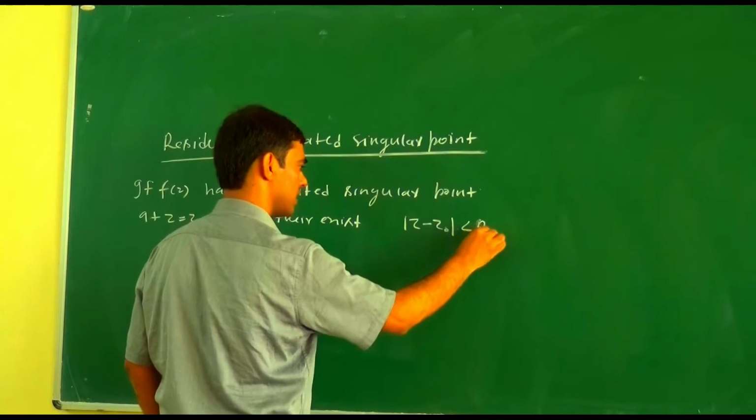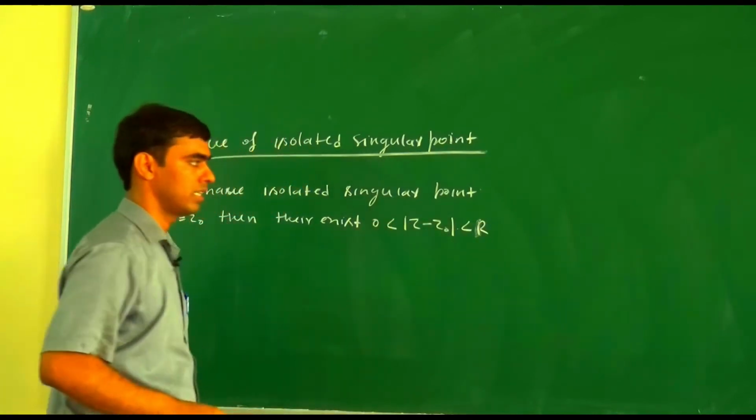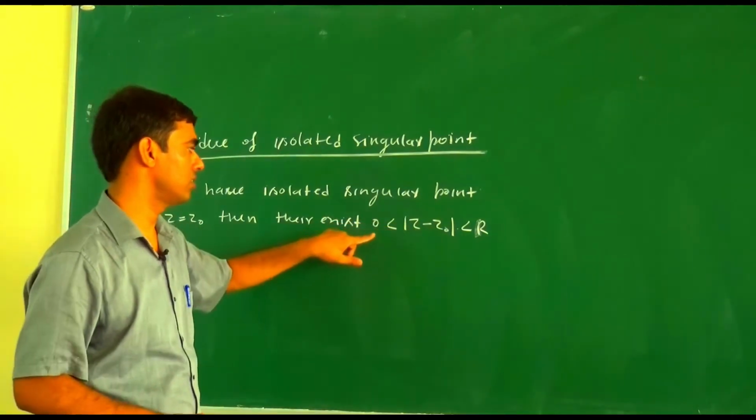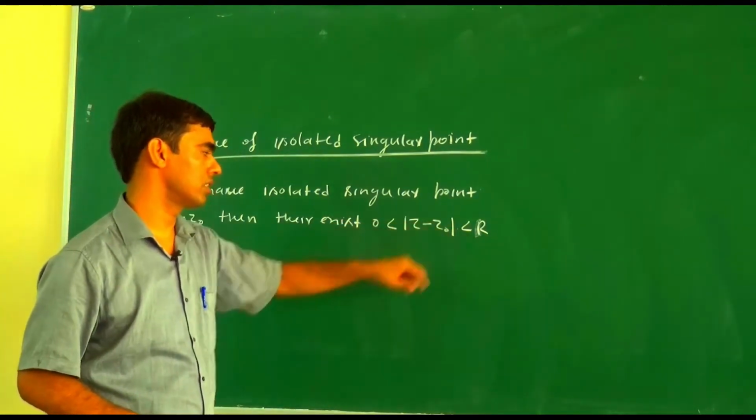If we write r greater than 0, it means there exists a deleted neighborhood, that is, 0 less than |z minus z0| less than r.